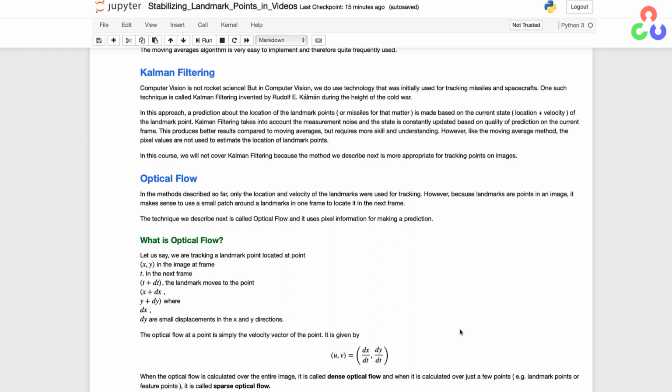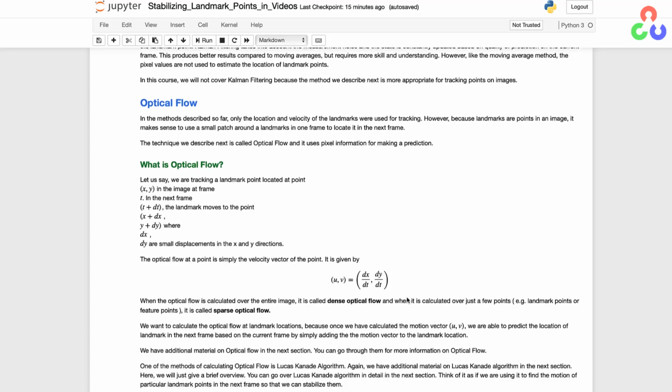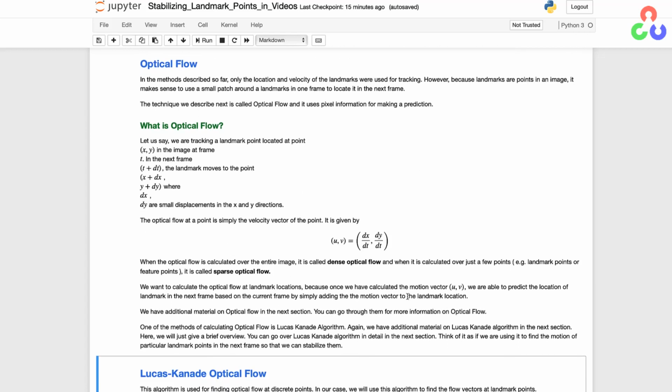So Kalman filtering, if you do not know about Kalman filtering, look it up. It is a very useful technique. But in this video, we are going to cover optical flow-based image stabilization. The reason is that in optical flow-based image stabilization, we can also use pixel intensities to guide us to find the location, to stabilize the landmark points.